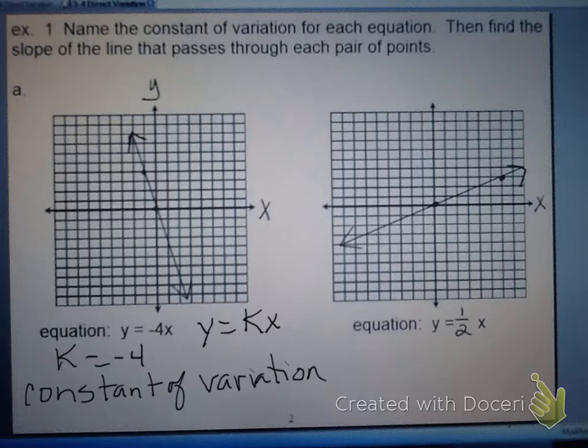Now, looking at this graph, we have 2 points. We have 0, 0, and we have the point 1, 4.